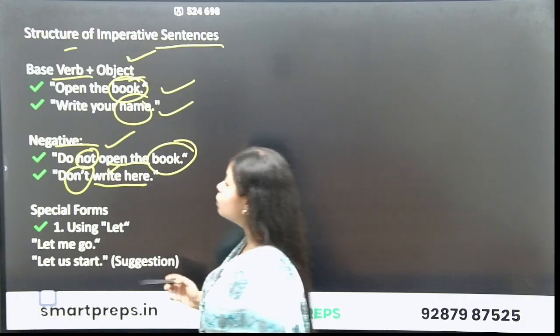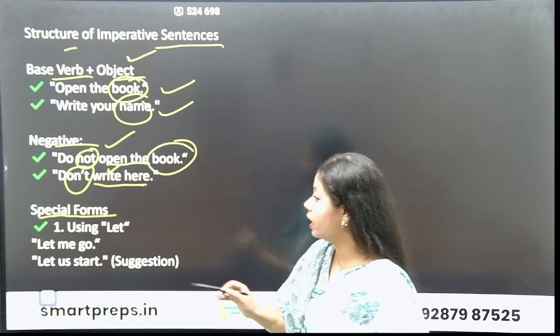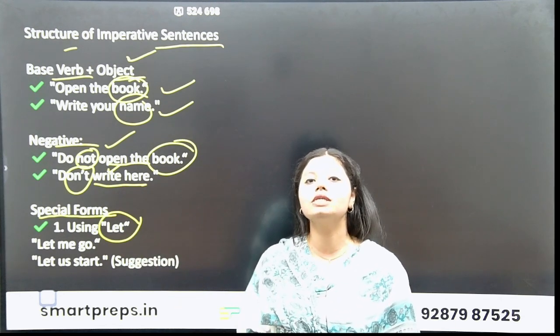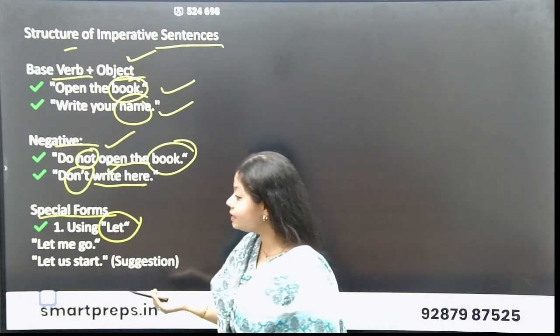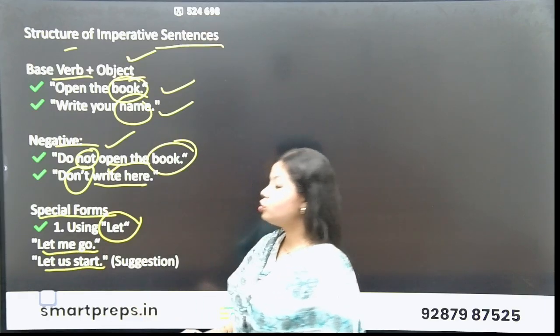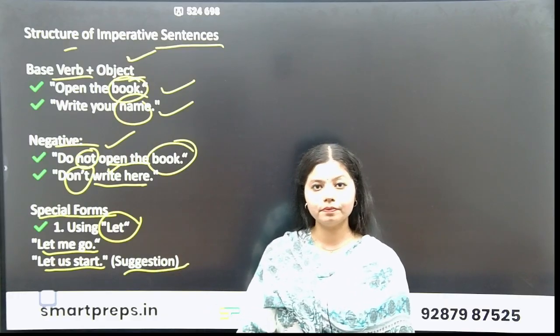And there are also some special forms using "let". There are some special forms of imperative sentence whenever we are using let. So how do I say that? Let me go, let us start. Whenever I'm saying let us start, it means it is what? Suggestion.